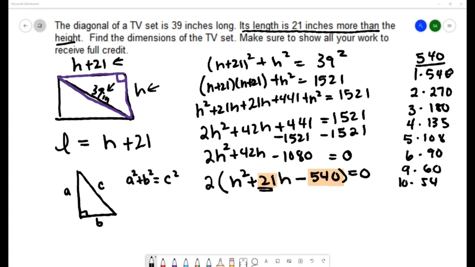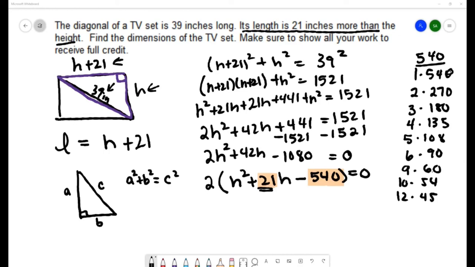540 divided by 12 is 45. And let me subtract those two. 45 minus 12 does not give me 21. So let me keep going. I don't think 13 works, but let me double check.